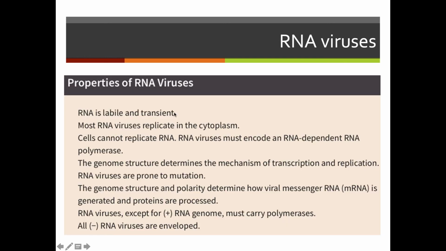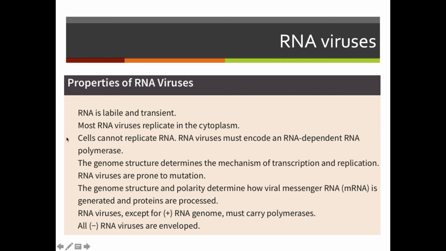Now, RNA is less stable, so the genome is more prone to mutation. However, we already saw in the previous video that the majority of viruses that infect animals are actually RNA-based viruses. So even though it's inherently unstable and it may be more prone to mutation, RNA viruses are very efficient at causing infection. Most RNA viruses replicate in the cytoplasm.